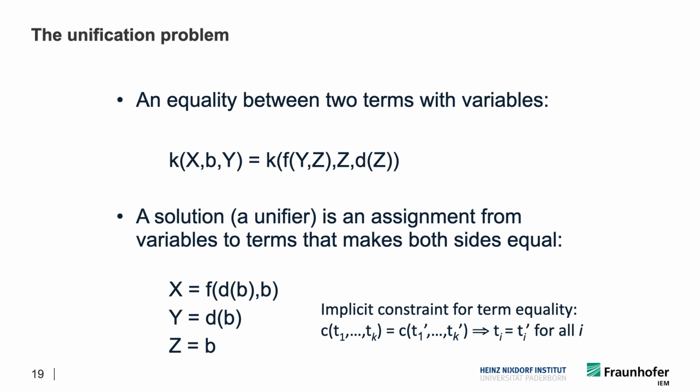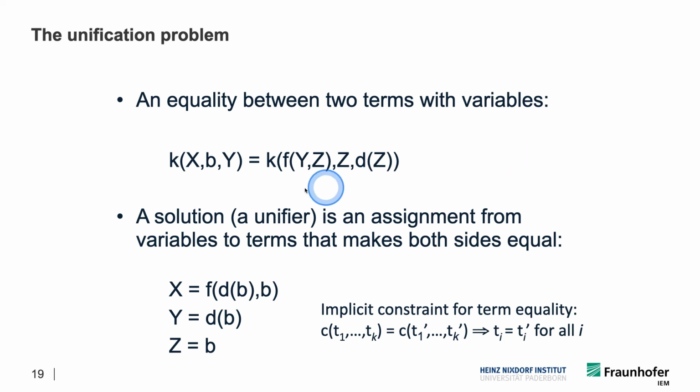And then in the end, we are going to be solving this as a unification problem. And unification basically tries to determine an equality between two such terms with variables, right? So for instance, we could see it as a challenge to find certain assignments to these variables X and Y and Z that you see here, such that these two terms become equal.